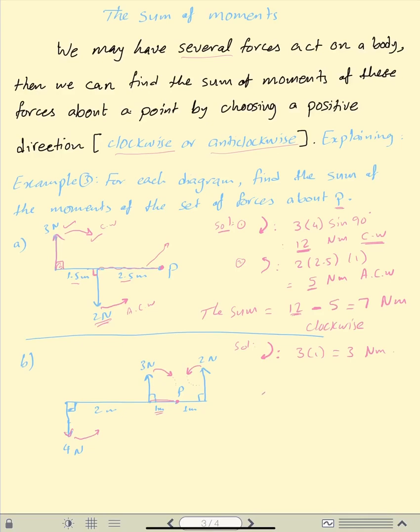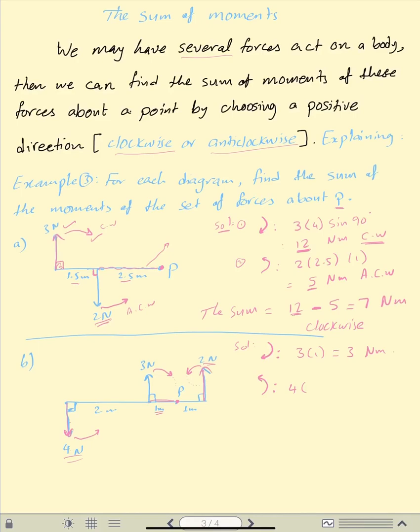Anti-clockwise, we have two forces, dear students. The 2 Newtons here, and the 4 Newtons here. So anti-clockwise, we have two forces, the 4 and the 2. What do we do? For the 4, what's the distance between the 4 and P? Between here and here, 2.